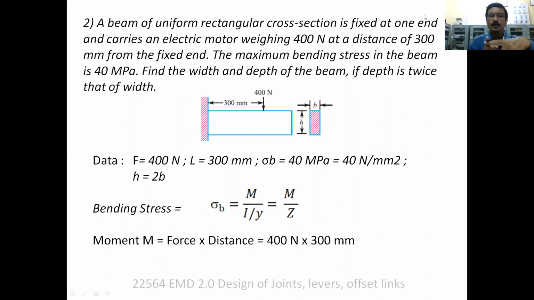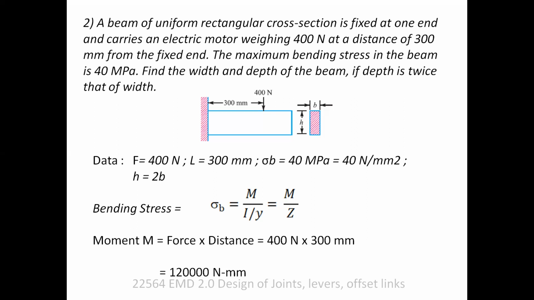When the distance increases, obviously the possibility increases. Maximum distance is 300 mm. So force into distance, maximum moment possible is 400 into 300. So moment directly we got. The second thing is about the Z. So the moment is 120000 Newton mm or 120 kilonewton mm.